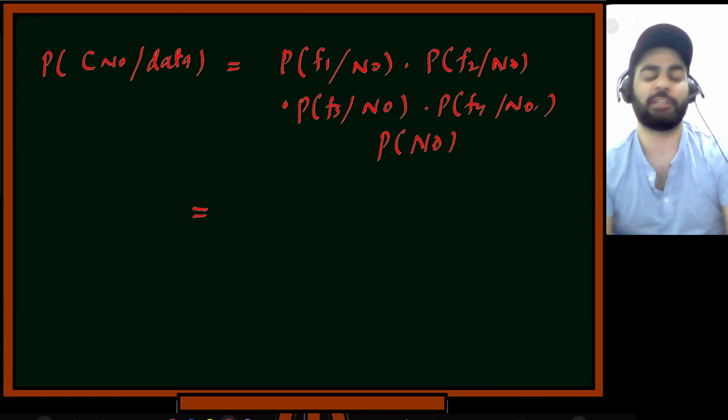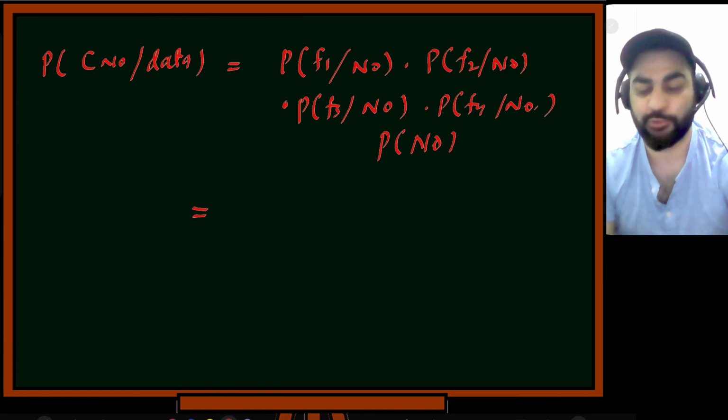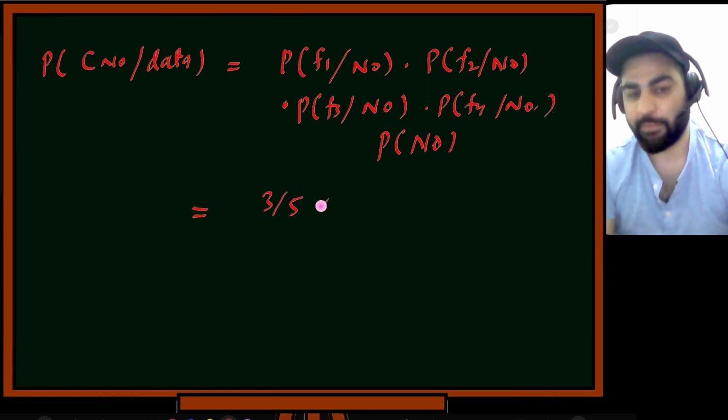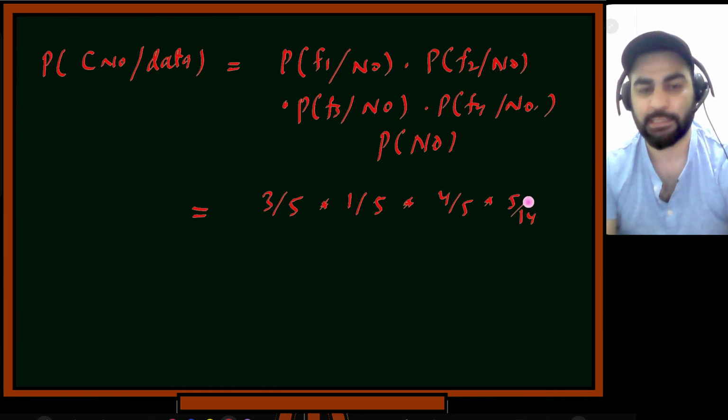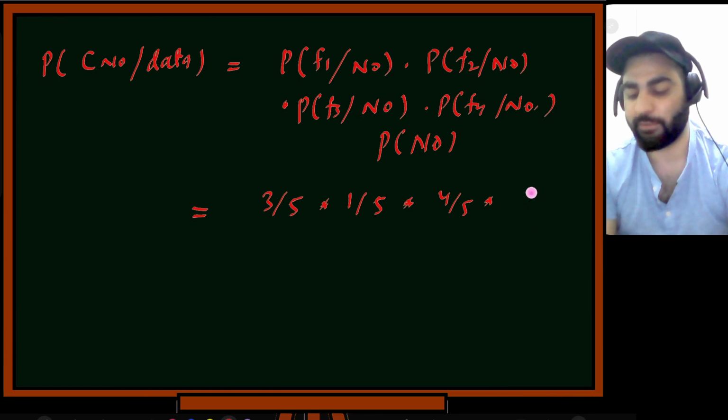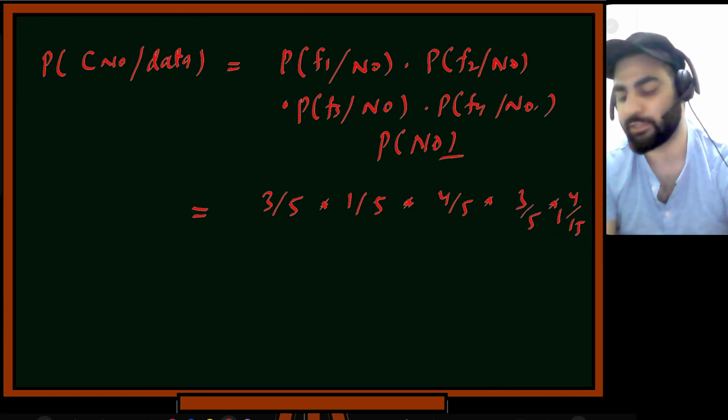You have these 4 values. So if you fill them in, you will see it is 3 by 5 multiplied by 1 by 5 multiplied by 4 by 5 multiplied by 5 by 14. This is for class no.